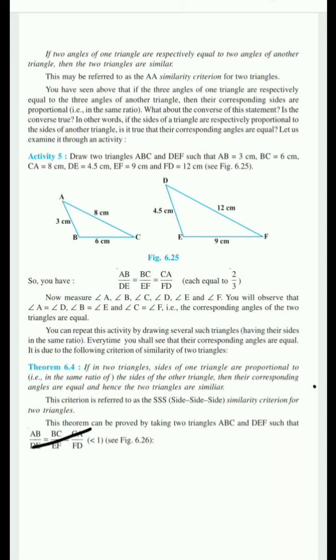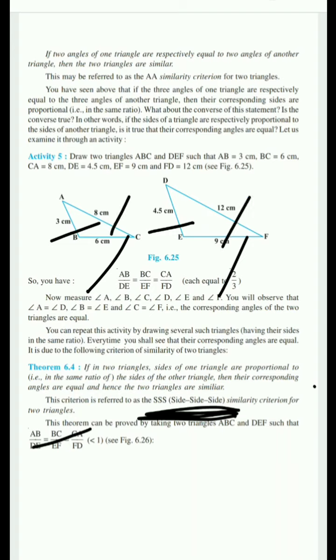So they said the criterion is referred to as side, that we already did in 9th standard. That is, if the ratios of their sides are the same, here as you can see 3/4.5, if you are doing 6/9, if you are doing 8/4, are they equal to 2/3?